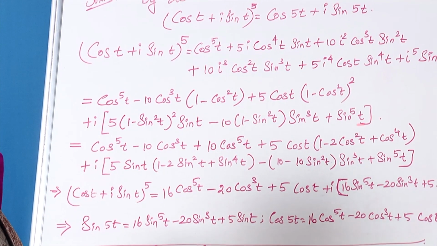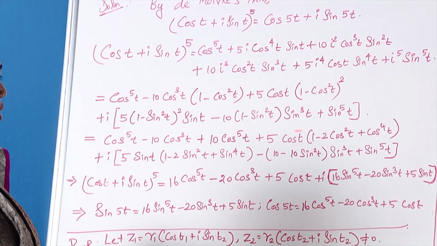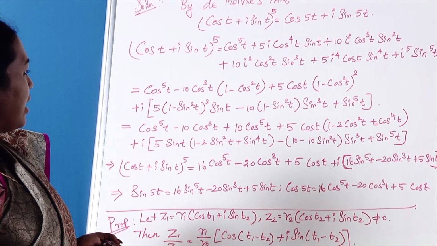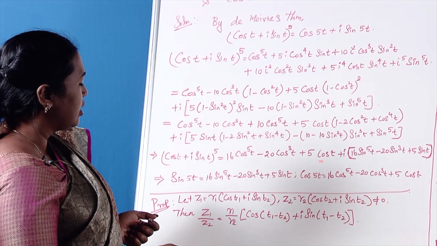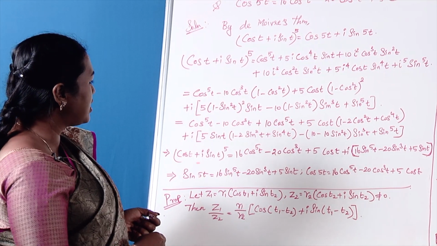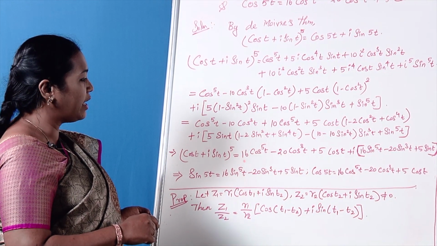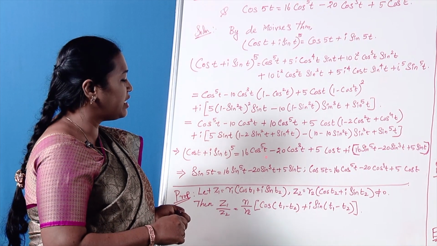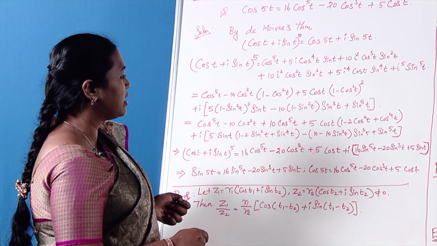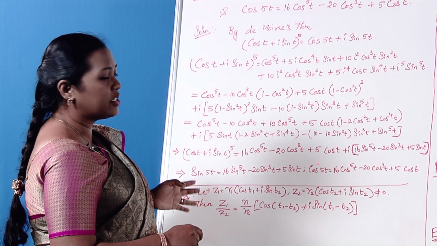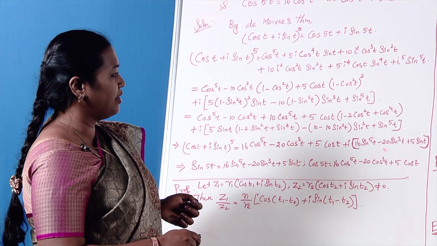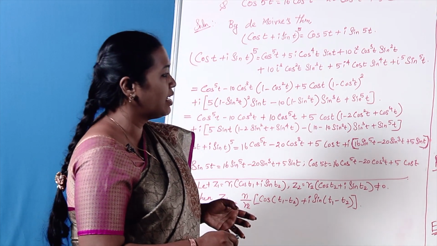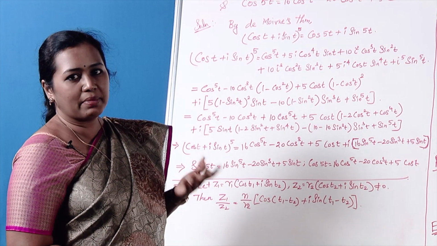Like this I am just doing the replacements, and then expanding all these terms, I am able to come to this conclusion. So, cos t plus I sin t the whole power 5 is 16 cos power 5 t minus 20 cos cube t plus 5 cos t. This is the real part, plus I times 16 sin power 5 t minus 20 sin cube t plus 5 sin t, and this is the imaginary part.